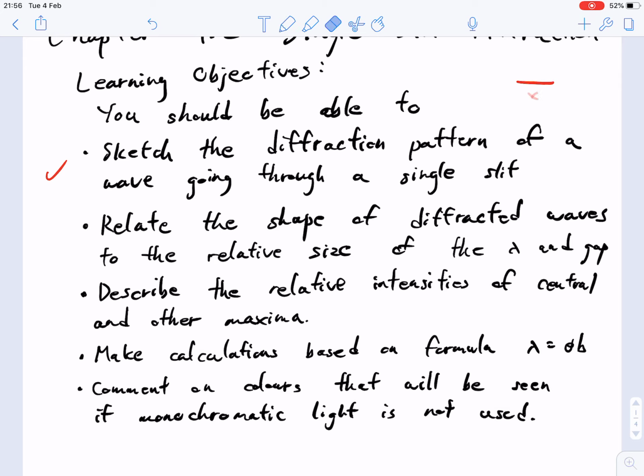So that's sketching interference patterns, or it could take on the form of we have a big central, then we have a middle, and it gets half the amount smaller.